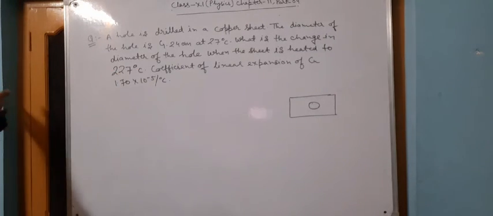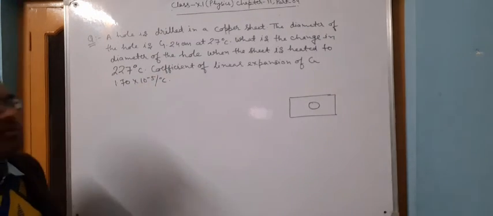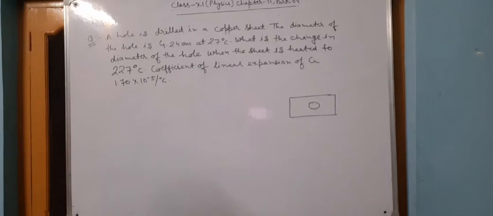We have to find out d2 minus d1, the change in diameter, when it is heated to 227 degrees Celsius, and the coefficient of linear expansion alpha is given.